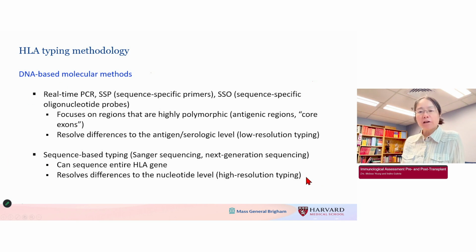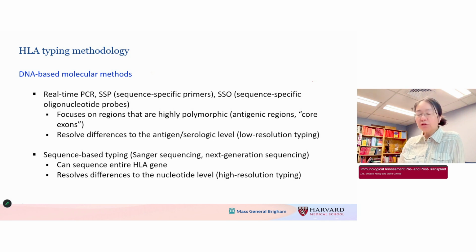The second grouping is the high-resolution typing methodologies. These days, it's mostly via next-generation sequencing, where we can sequence the entire HLA gene, including some of the introns. Now, you might ask, why doesn't everybody just sequence the entire HLA gene all the time? For most recipients and living donors, that's what we typically do in the United States.